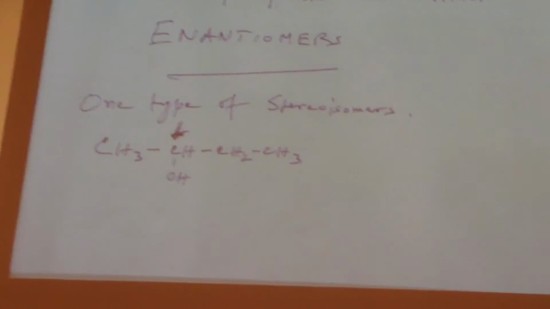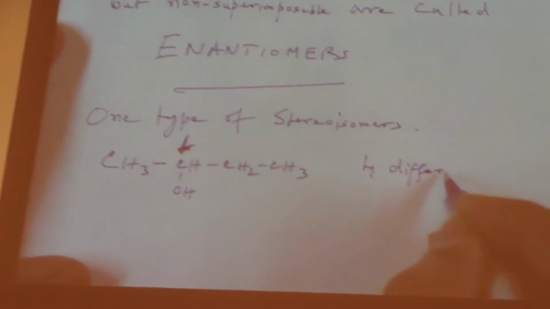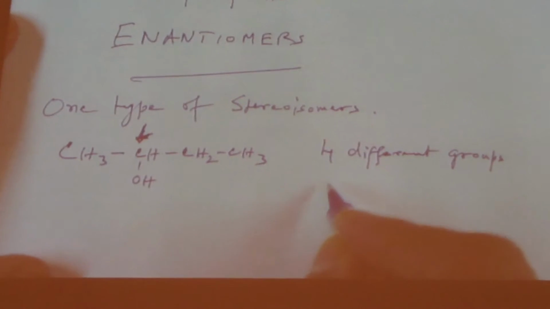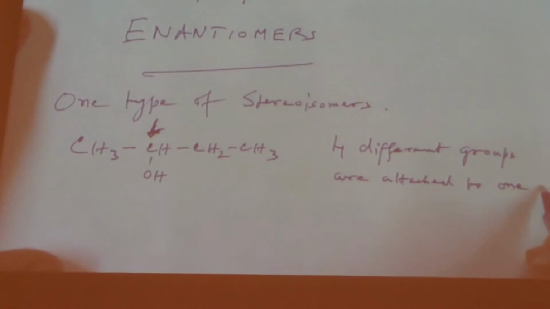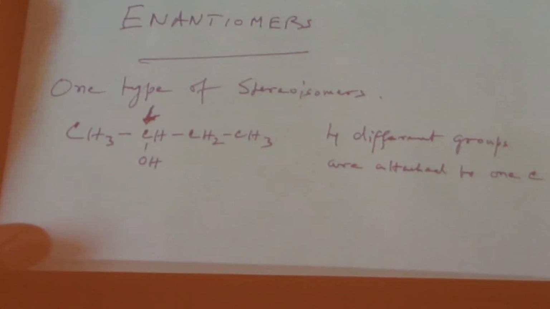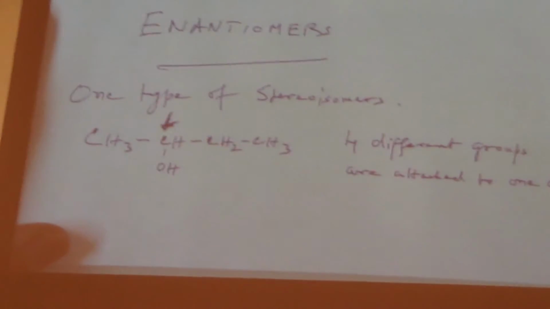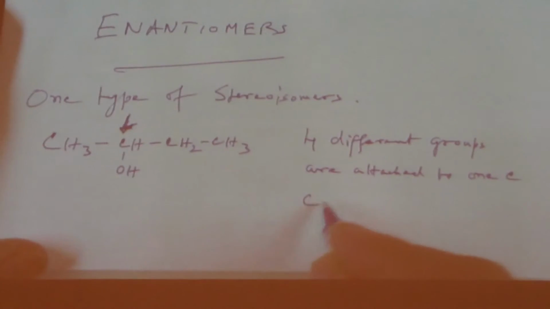So 4 different groups attached to this carbon, carbon 2. That one has 4 different groups attached, and therefore that is a chiral carbon.